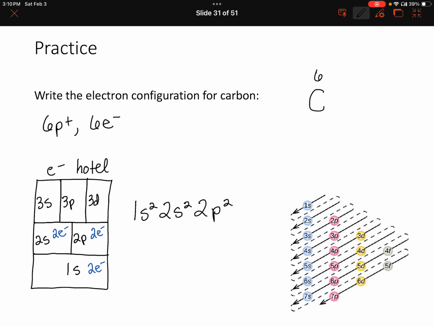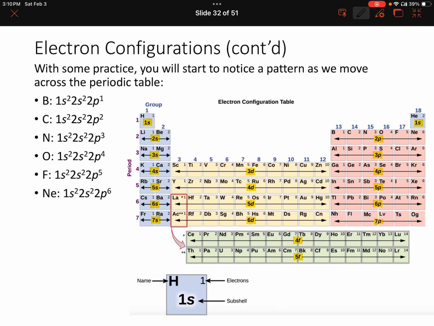And you are probably going to notice a pattern if we keep on going down the row of elements. So, for example, if we look at the left side of the periodic table, the first 2 columns, those are all going to end in an s orbital for their electron configuration.